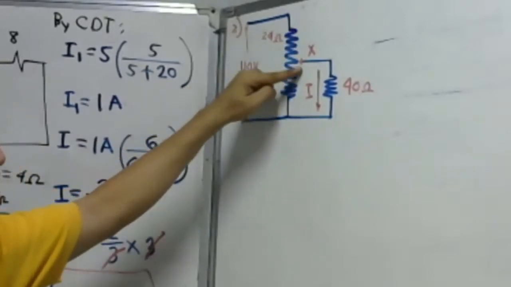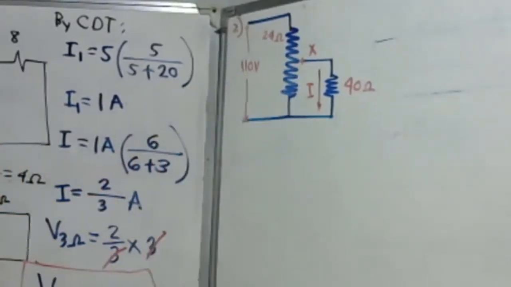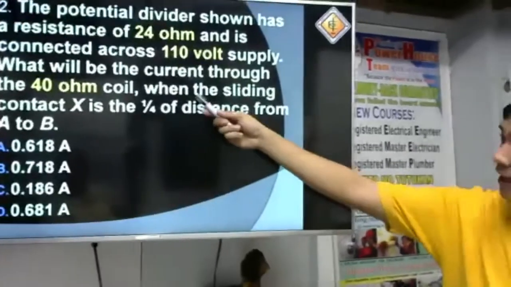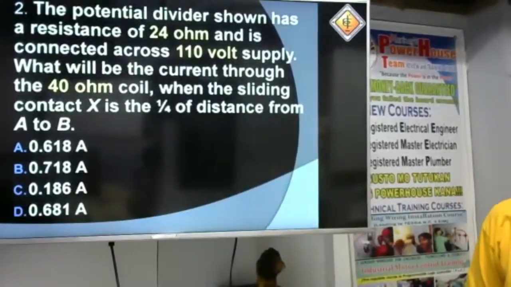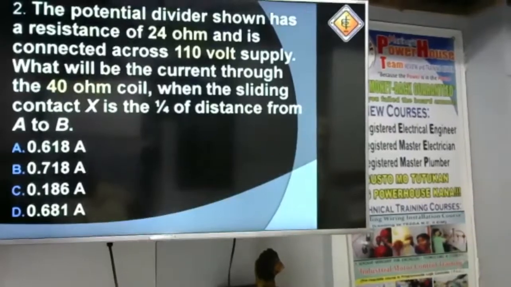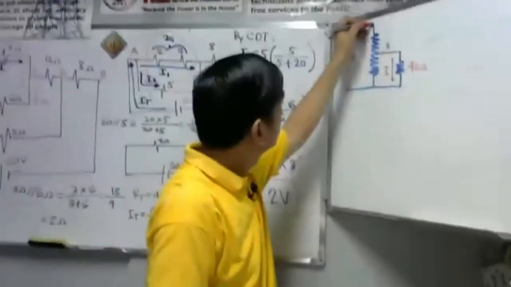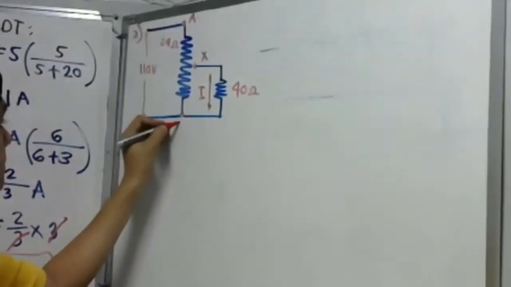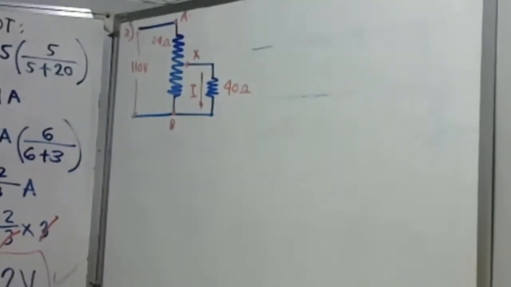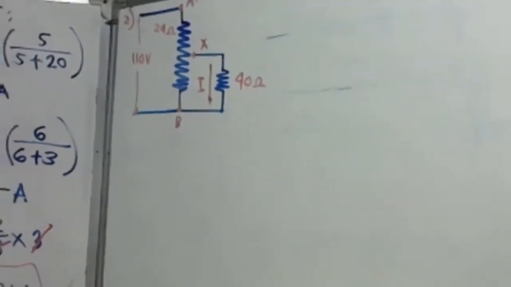What will be the current through the 40 ohm coil when the sliding contact X is 1/4 of distance from A to B? Where is from A to B? This is the whole 24 ohm resistance. That is the whole.